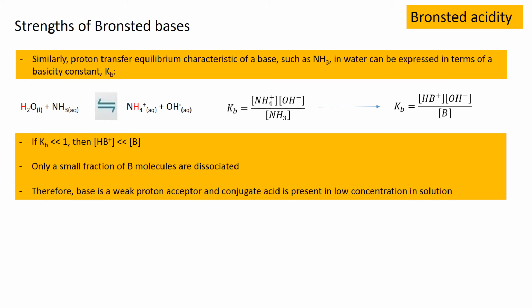So if that basicity constant is well below 1, then the concentration of the protonated base, if you like, the conjugate acid, is well below that of the base, and only a small fraction of our base molecules are dissociated. So therefore we know that the base is a weak proton acceptor.